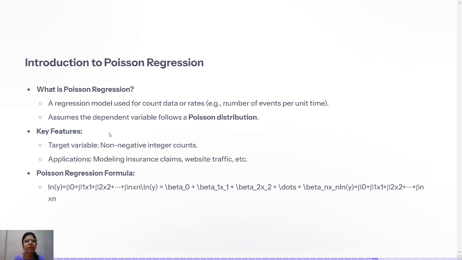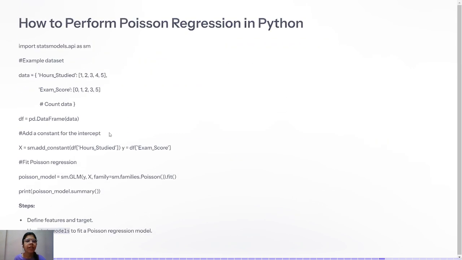The target variable is the output variable here, and it should not be a negative integer. Then the applications are modeling insurance claims, website traffic, and more. And this is the formula. And here is the whole snippet of the Poisson regression. You can use this in your IDE for understanding.